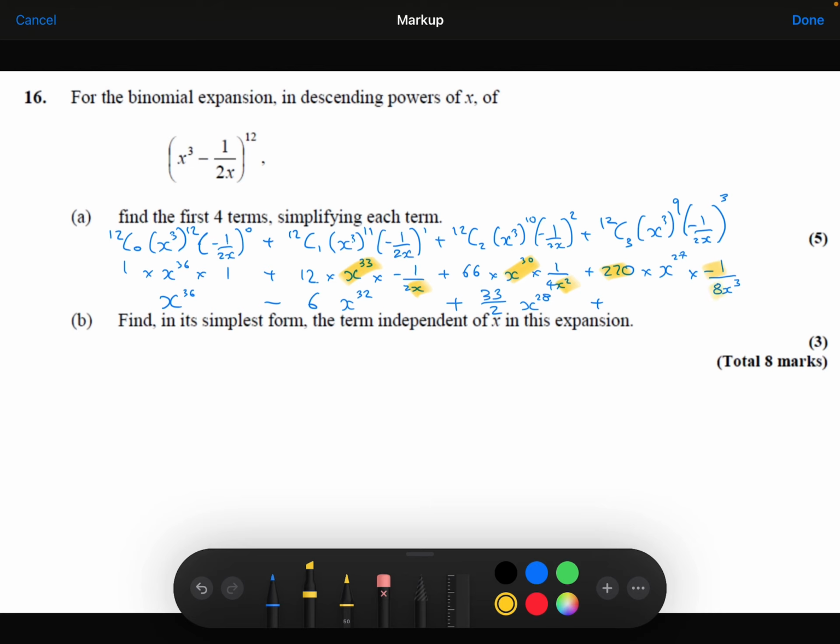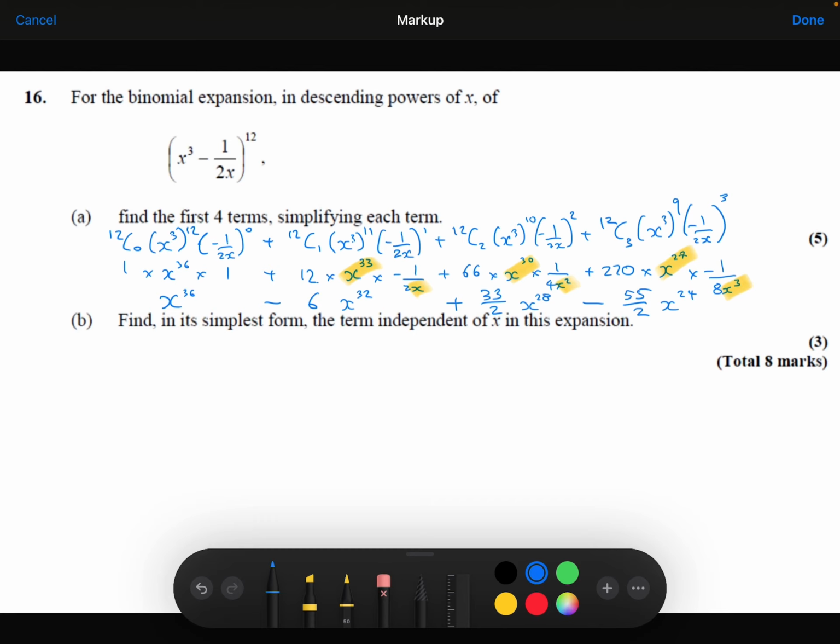So that's going to be a minus, the 220 divided by 8 is 55 over 2. And then we've got the x to the power 27 divided by the x cubed, which would be x to the power 24. And then that is my answer for part A.